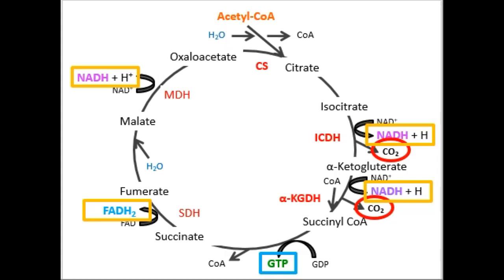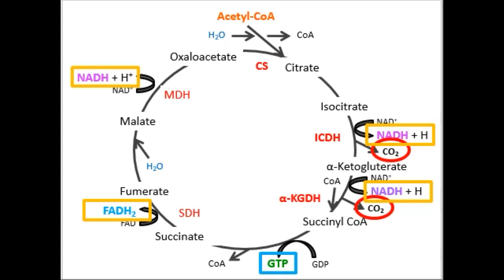Finally, the last key enzyme is alpha ketoglutarate dehydrogenase, which converts alpha ketoglutarate into succinyl-CoA, and we also produce NADH and carbon dioxide at this reaction as well.